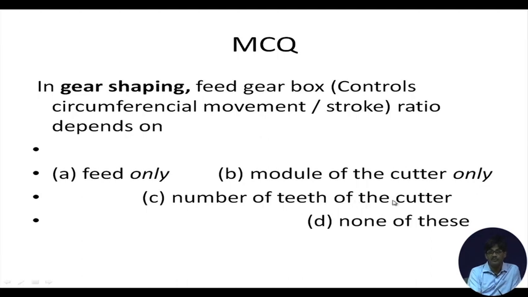Now, the moment you notice that only is not mentioned, you have to accept this as correct. Yes, it definitely depends on the number of teeth of the cutter. You might say, but it also depends upon other things, so this is not fully correct. No, it is fully correct, because it is simply stating that it depends upon number of teeth. Whether it depends upon something else is not our botheration. Yes, it does depend upon the number of teeth. So, this one is correct, and therefore, naturally, none of these is not correct. So, the correct option here is C.